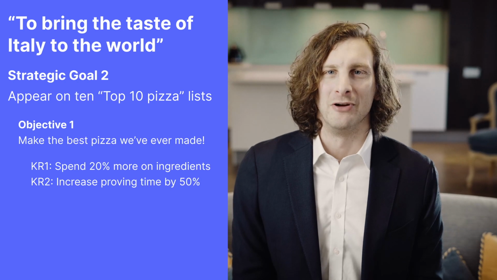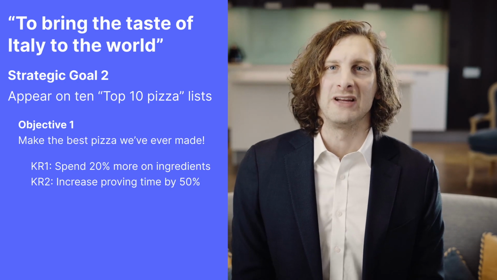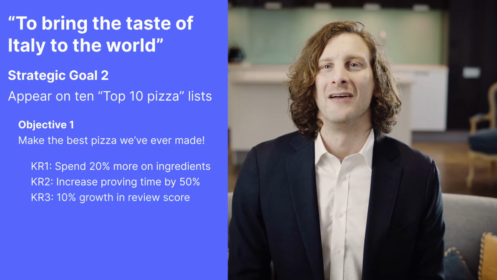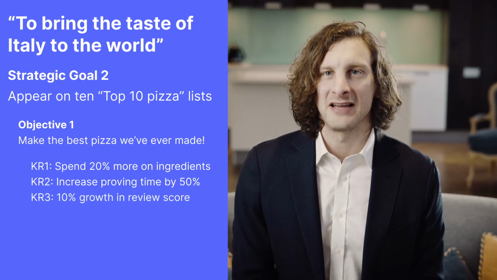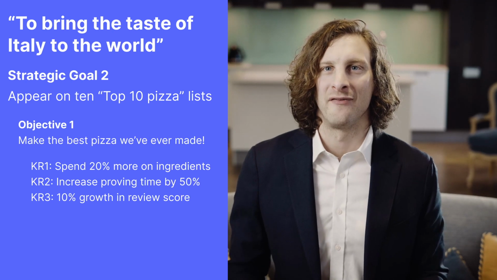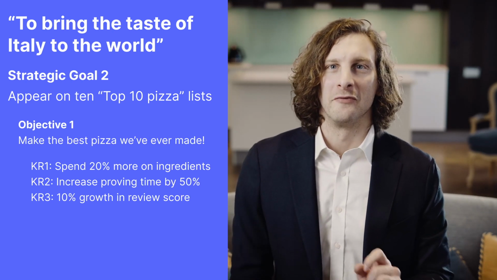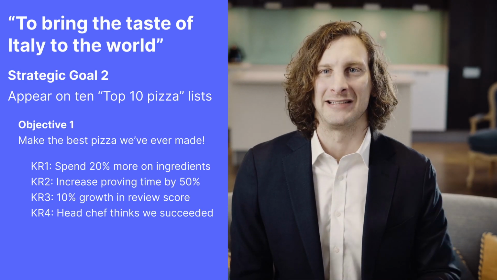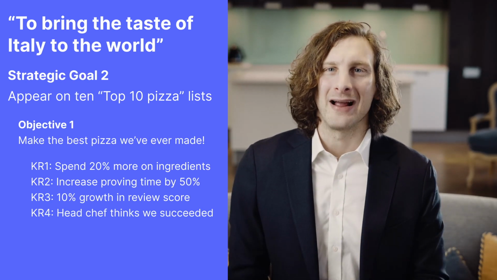Then the 2 output key results is, firstly, we get a customer feedback score that is 10% higher than the previous quarter. And the second one is that our head chef, our taste professional, confirms that a pizza that we make is better than any pizza we've previously made. If we are correct in those 4 key results, then I think you can agree that we've achieved our objective.